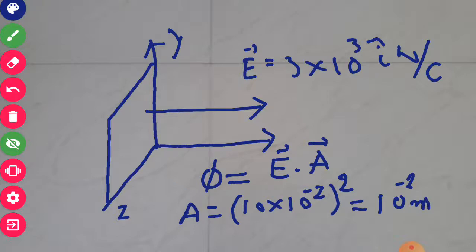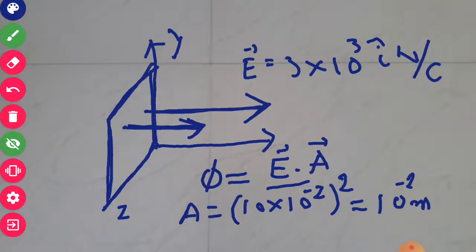Now you just have to find E dot A. As you know, flux phi is equal to E dot A. The area vector is always perpendicular to the surface, so this is the direction of the area vector and this is the direction of the electric field.